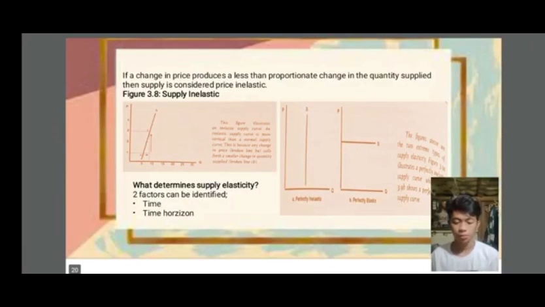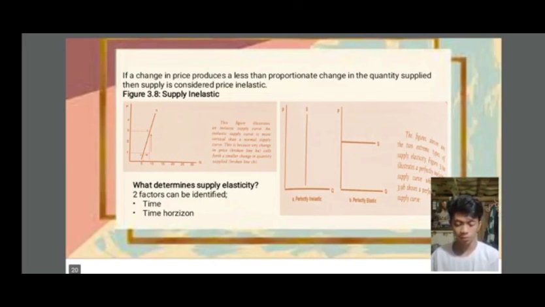If a change in price produces a less than proportionate change in the quantity supplied, then supply is considered price inelastic. Figure 3.8, supply inelastic. This figure illustrates an inelastic supply curve. An inelastic supply curve is more vertical than a normal supply curve. This is because any change in price, broken line BE, calls for a smaller change in quantity supplied, broken line CB.